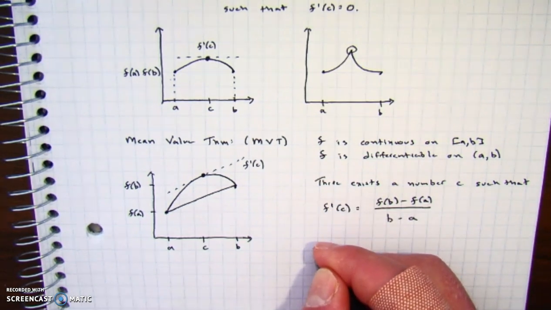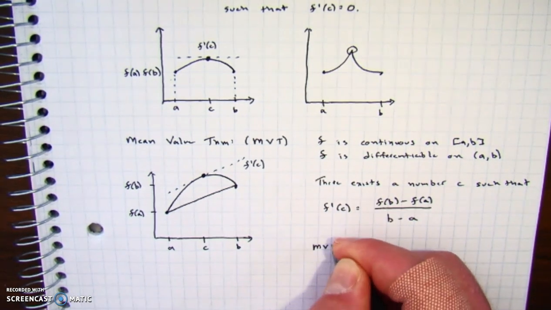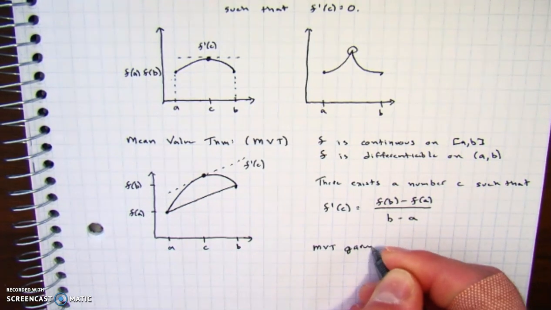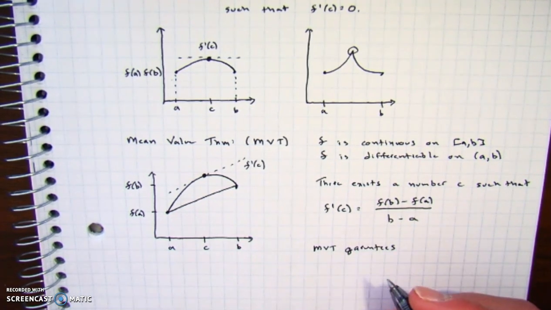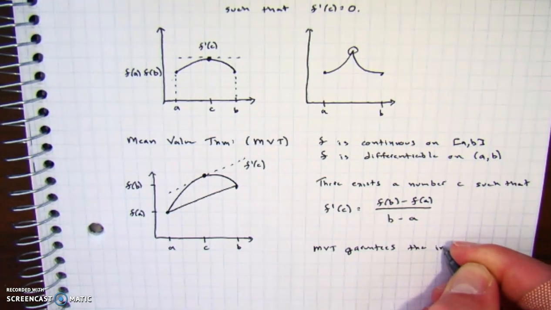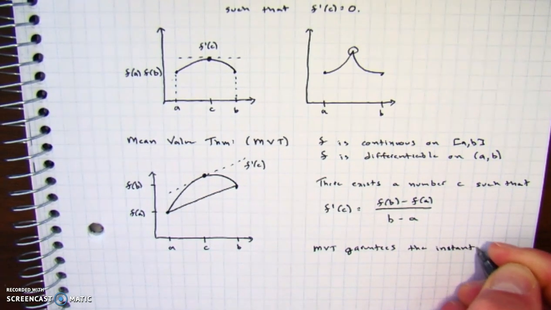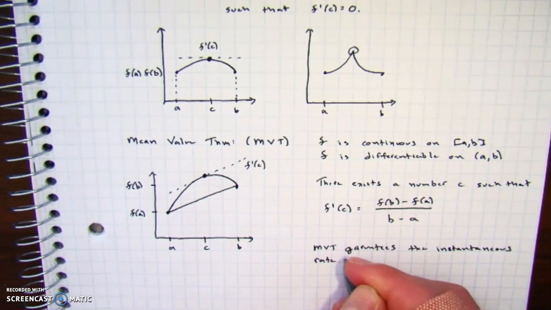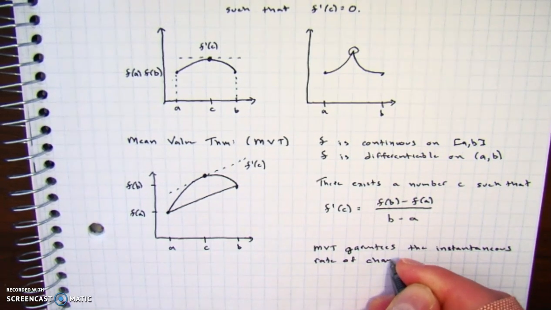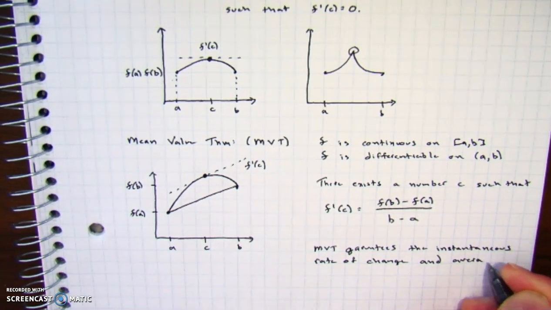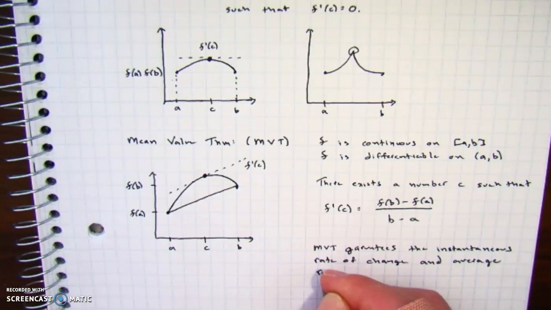So you could say the mean value theorem guarantees the instantaneous rate of change and average rate of change will be equal at some point.